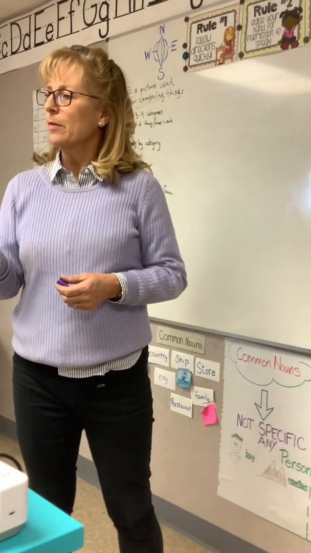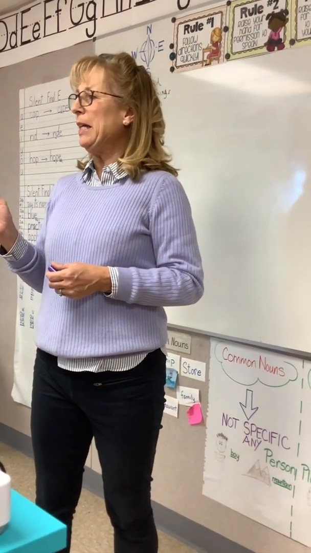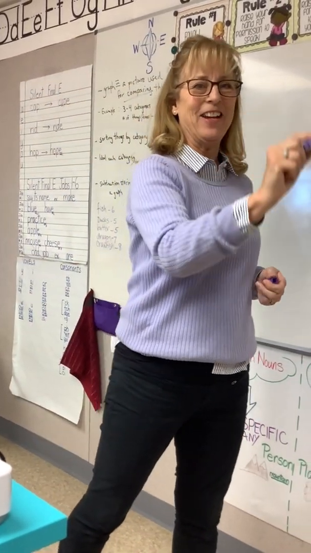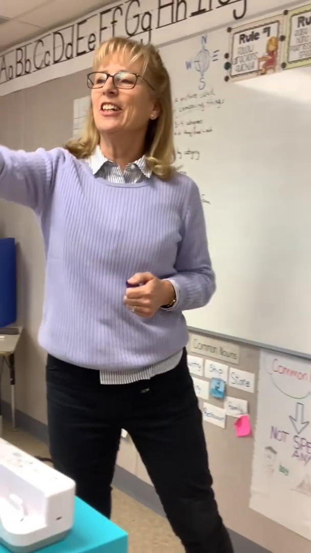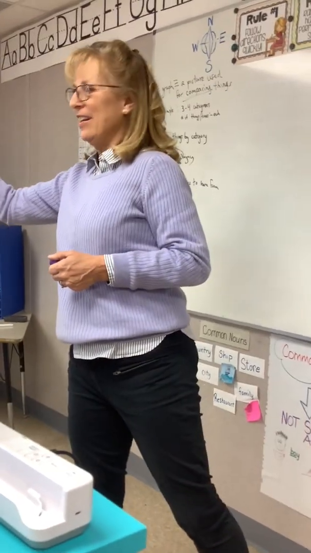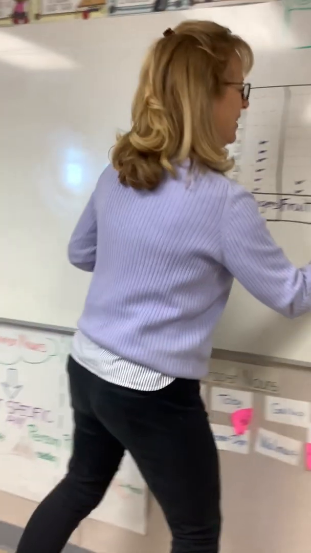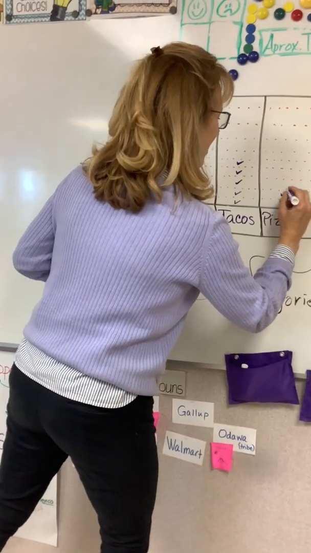All right. Everybody who likes pizza, raise your hand. I knew pizza was going to be a favorite. All right, ready? 1, 2, 3, 4, 5, 6, 7, 8, 9, 10. 10 people like pizza.